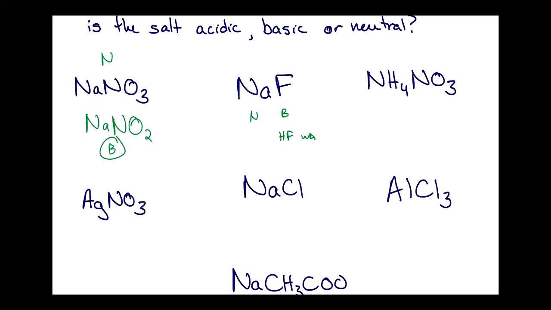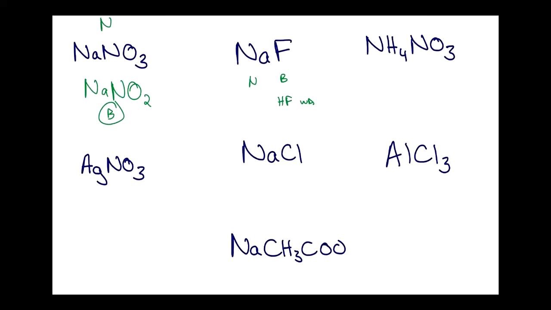Okay, next one. What is that? Sodium acetate. This is the conjugate base of acetic acid, which is a weak acid. So acetic acid is a weak acid, so acetate is a weak base.